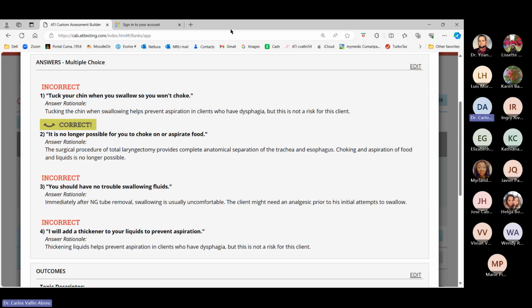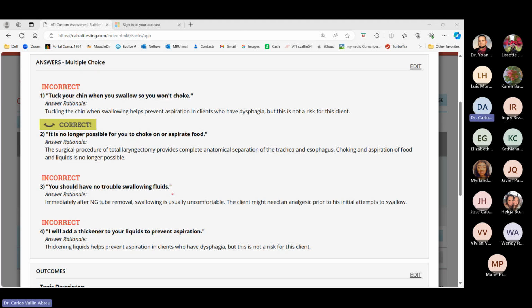Notice that when you are reading here, tuck your chin when you swallow, so flex your neck, is correct for people with dysphagia.